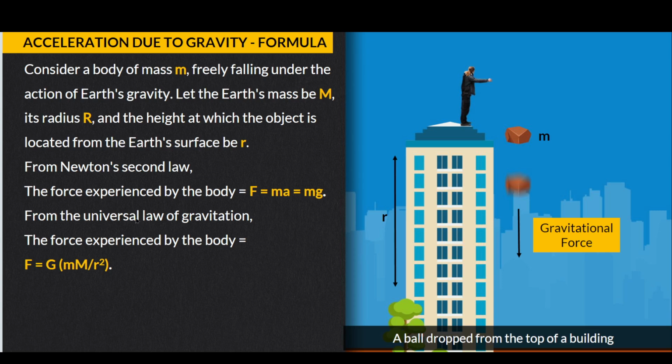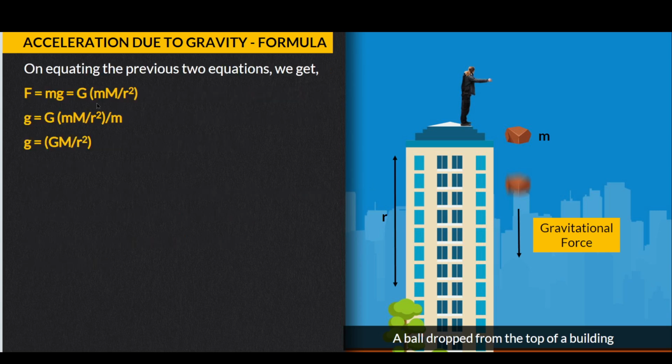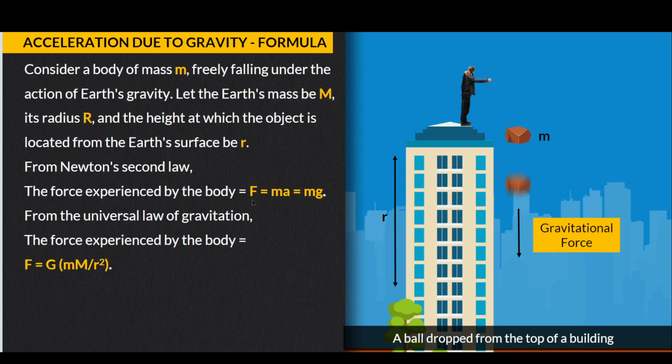Now there is a law which is called the universal law of gravitation, which is this: force of gravitation is G, which is a constant, times both masses between which the force of attraction acts, like this mass and the mass of the earth. So this is the mass of the stone and this is the mass of the earth, and the distance between these two is r, so r square. Now according to Newton's second law, F equals mg, right?